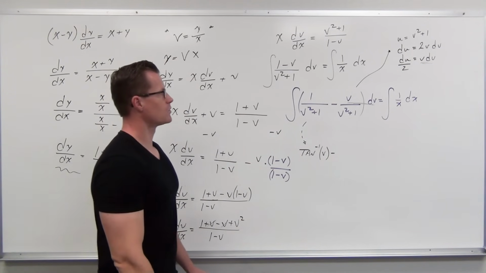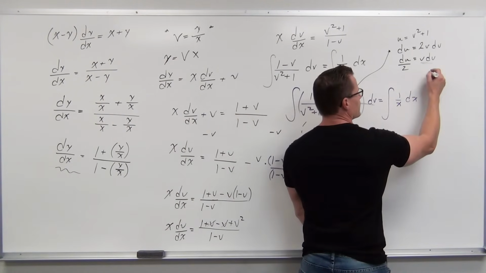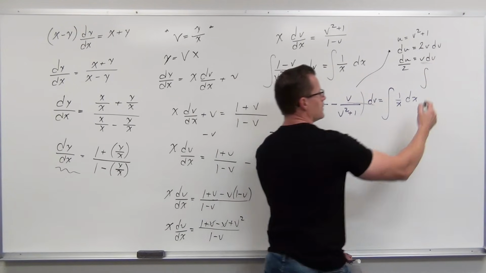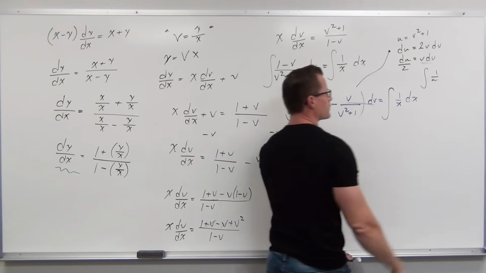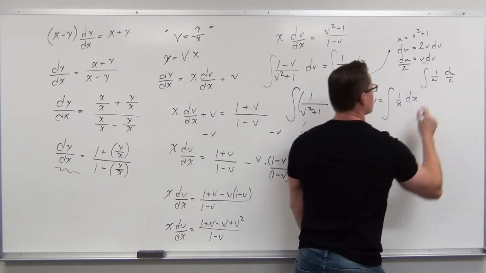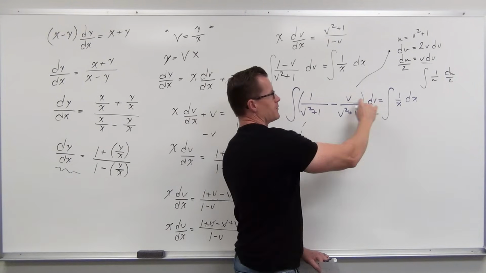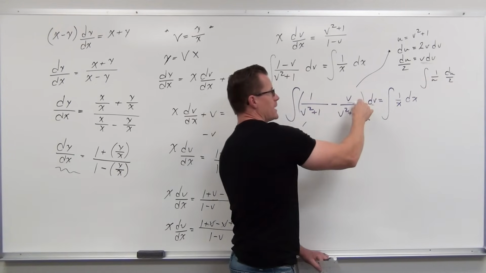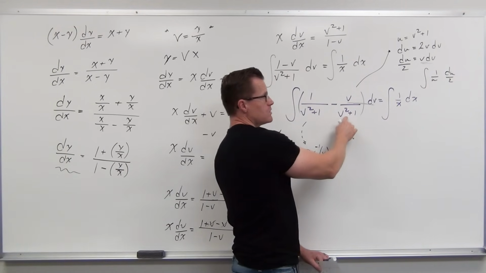So we have the integral, I'm going to do it right up here. Integral of 1 over u, and then du over 2. Let's see if that makes sense. We have v dv equals du over 2, so this piece, du over 2. We have this v squared plus 1 is u, no problem.